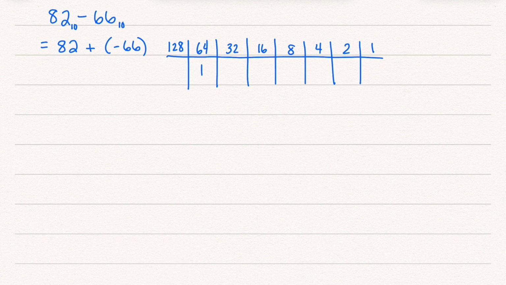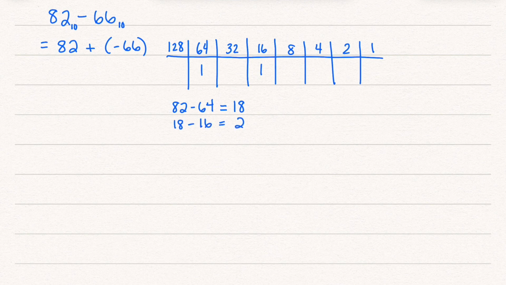So if I have a 1 in the 64's place, I've used up 64 of my numbers. Which is going to give me 18 left over. So the highest column I can use is the 16 column, which gives me 2 left over.